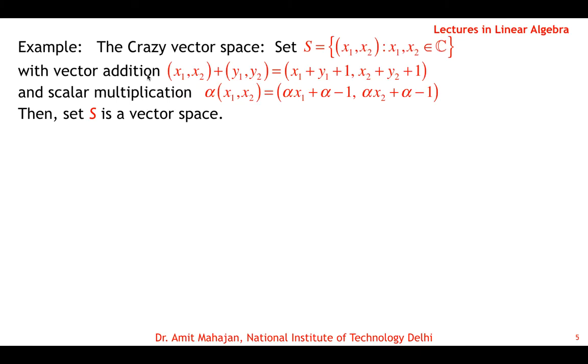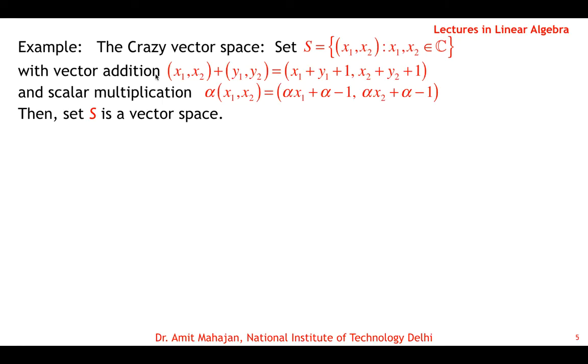We define the two operations like this: the vector addition for any vector from S of the form x1, x2 plus y1, y2. So adding two vectors u and v is defined as this, that the first element is added to first element plus 1, the second element is added to second element plus 1. And the scalar multiplication is defined as scalar alpha times x1, x2 as alpha times the first element plus alpha minus 1, and alpha times the second element plus alpha minus 1.